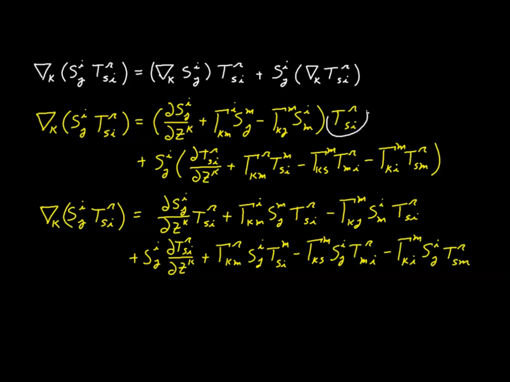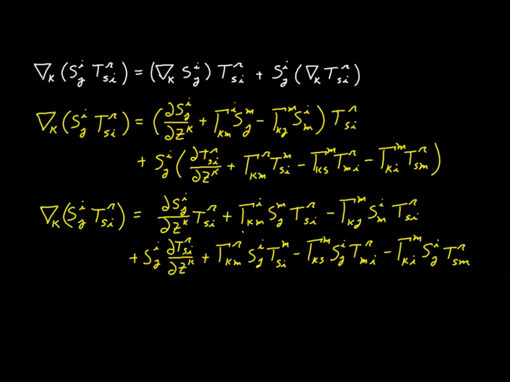So all I've done is to take this term and distribute it here, here, and here. And I've taken this term and distributed it here, here, here, and down here.